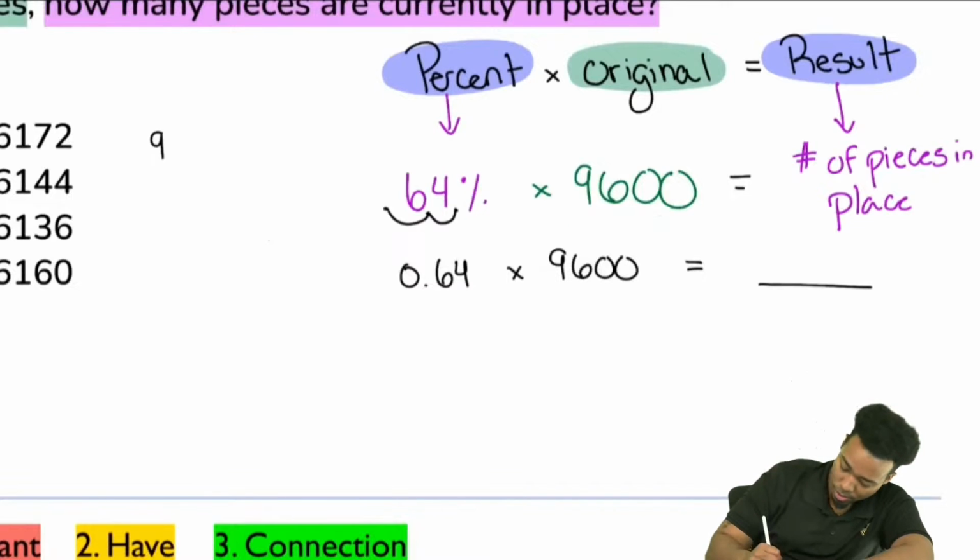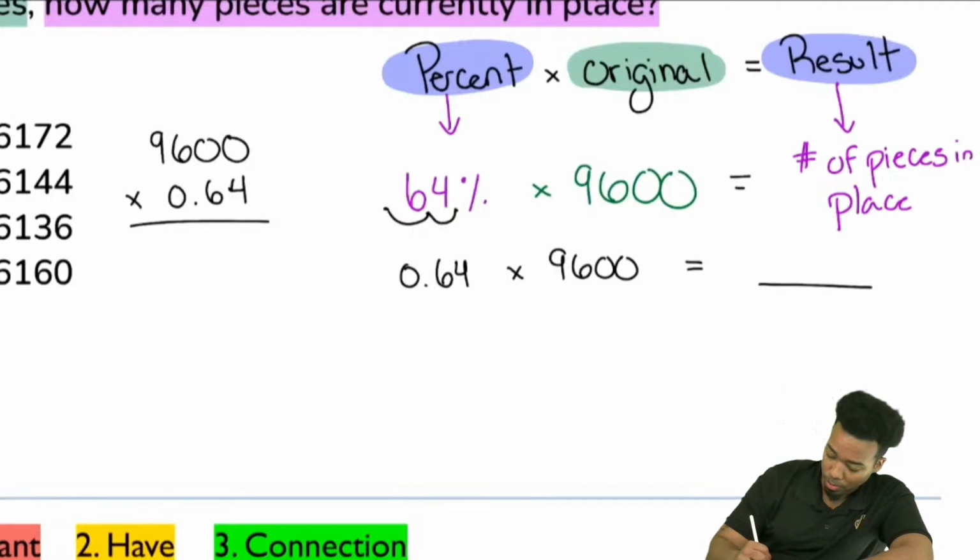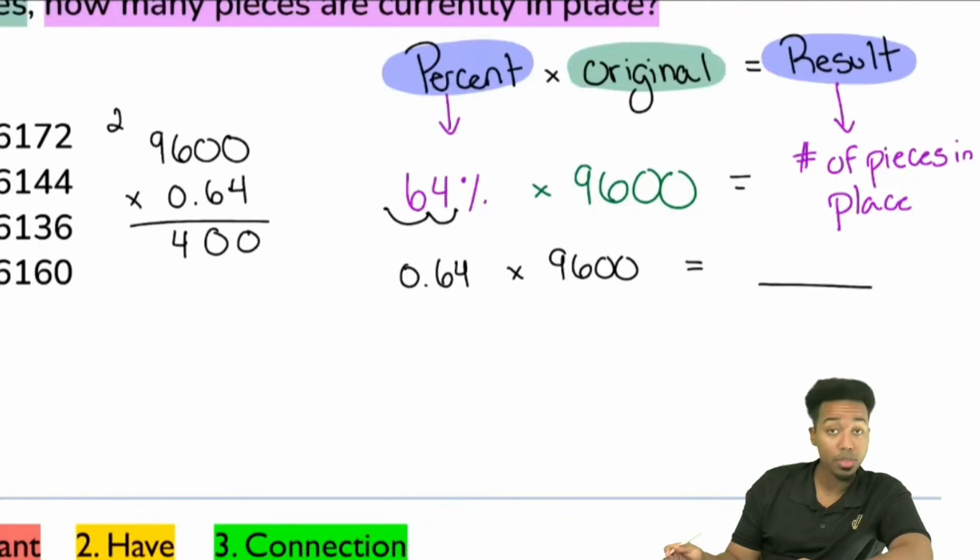So here, 9,600 times 0.64. And what we're going to do is ignore the decimal, and bring that decimal back at the end. So here we go. 0 times 4, that's going to be 0. 0 times 4, that'll be 0. 6 times 4, that'll be 24. 9 times 4, that'll be 36.